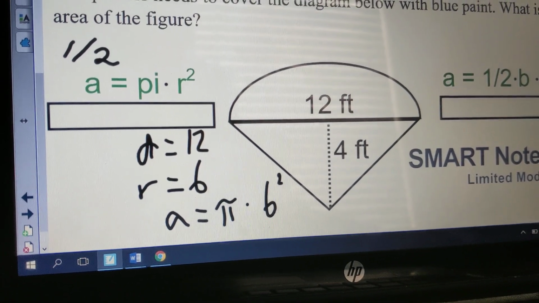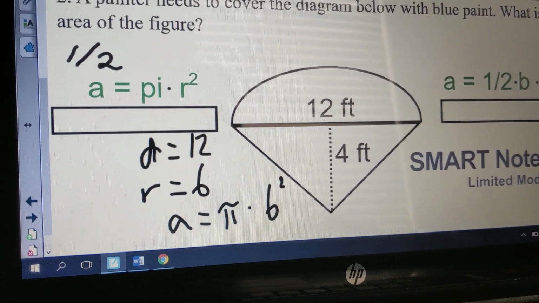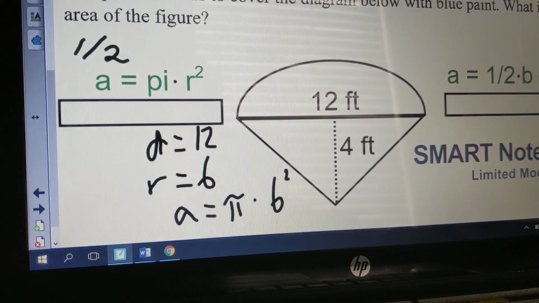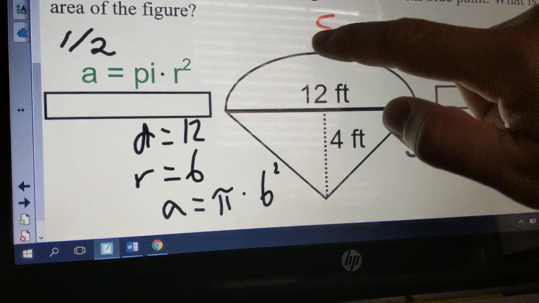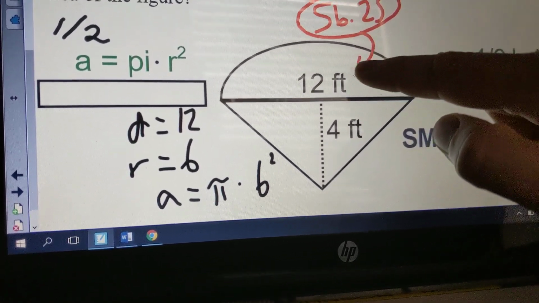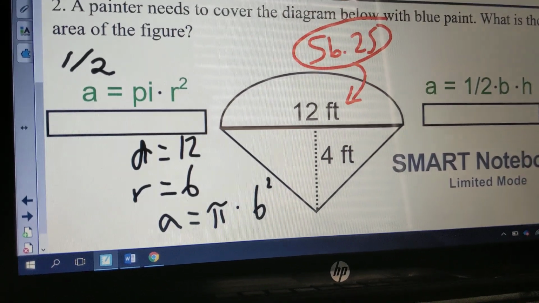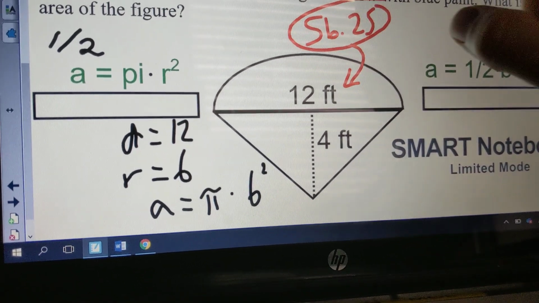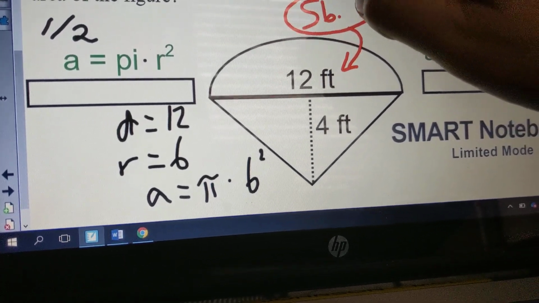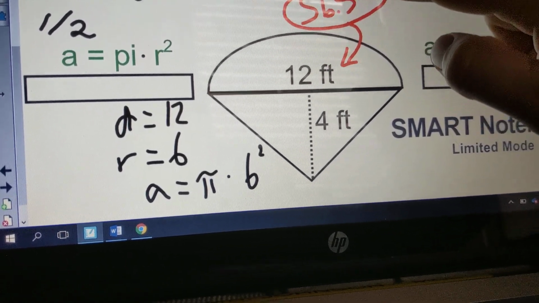So I'm going to take that 113.04 and divide it in half, which means I have an area of 56.52 for the circular portion. So this has an area of 56.25. I'm sorry, 52.